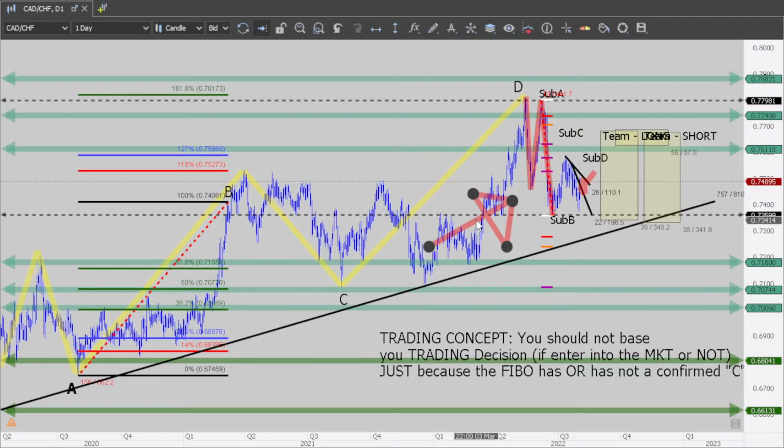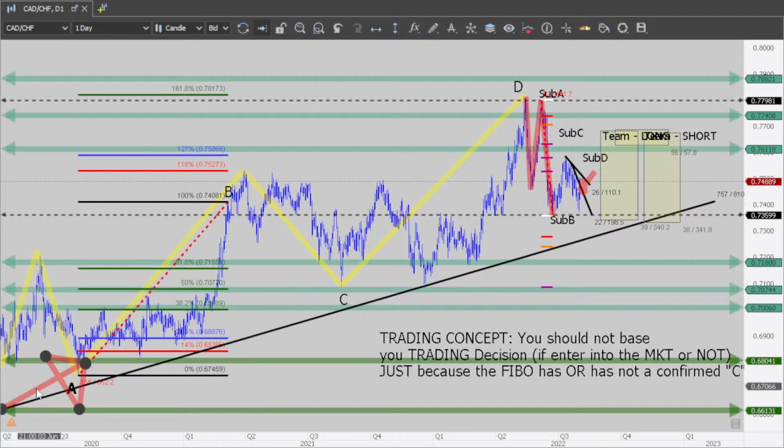Okay, Olufemi says, "This is where I get confused, Freedom. Is sub B the C of the original Fibonacci?" Olufemi, answer: sometimes yes, sometimes no. In this case, this is the C, and the sub B is here. Olufemi, don't mix apples and bananas.